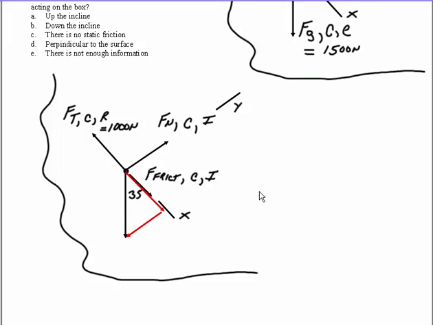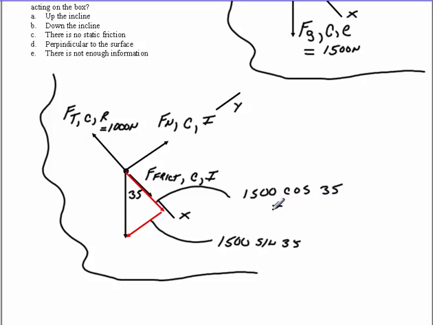And those are the components. Now, if this is 35 degrees, and we said up here that this was 1500, then this value would be 1500 times the sine of 35 degrees. And this component here would equal 1500 times the cosine of 35 degrees.